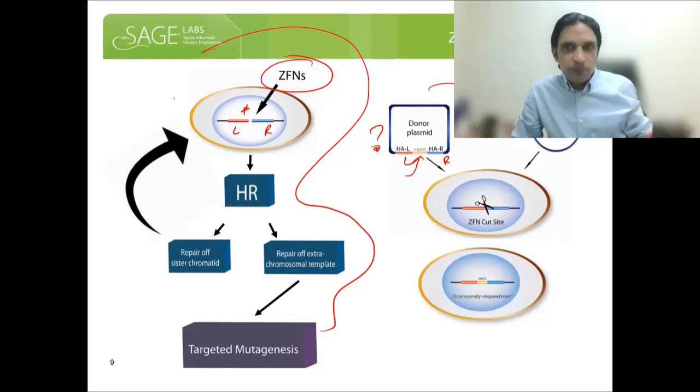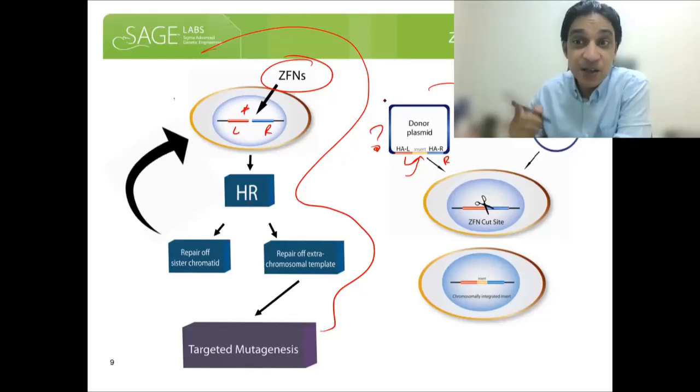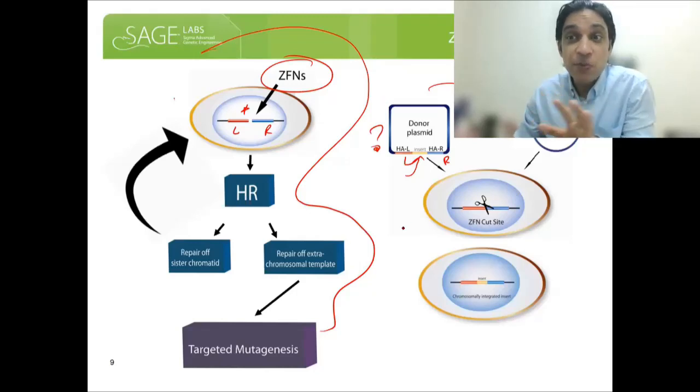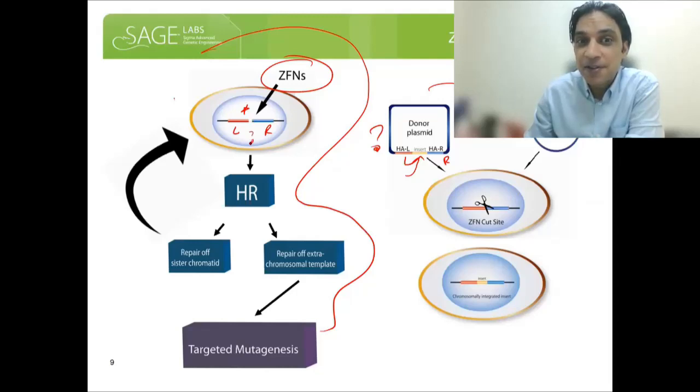Yes, sir. Thank you. The answer is yes. But as I explained in my earlier slides, the process will be highly inefficient. Highly inefficient. But what if we introduce a double-stranded DNA break?